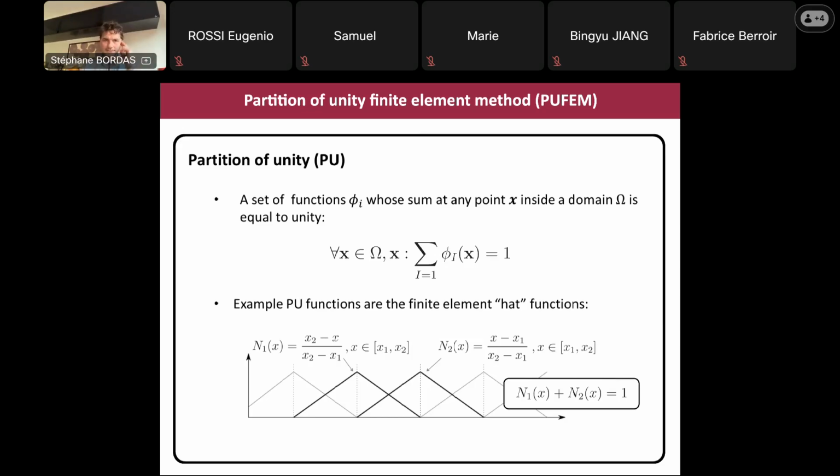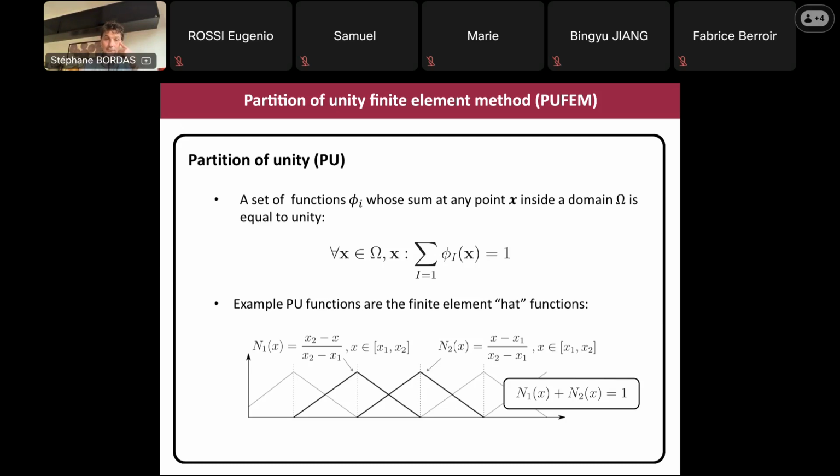Okay, end of parentheses. What we do for partition of unity is the following. We select a set of functions, and we call them phi I. Until now, we call them N_I, maybe. And these I's should be uppercase, not lowercase, but they are written very clearly here.